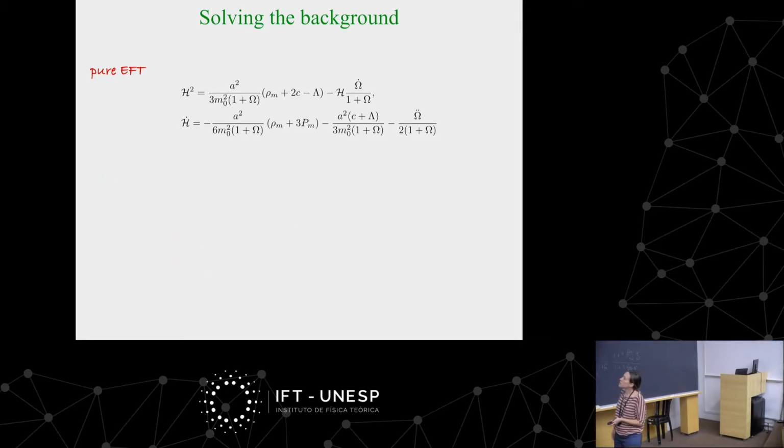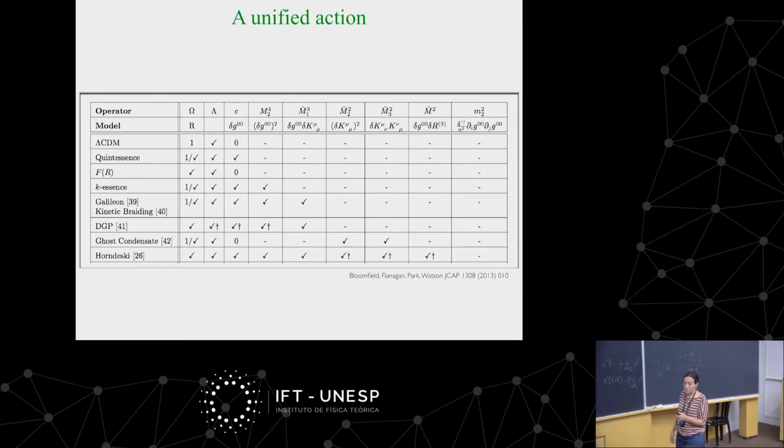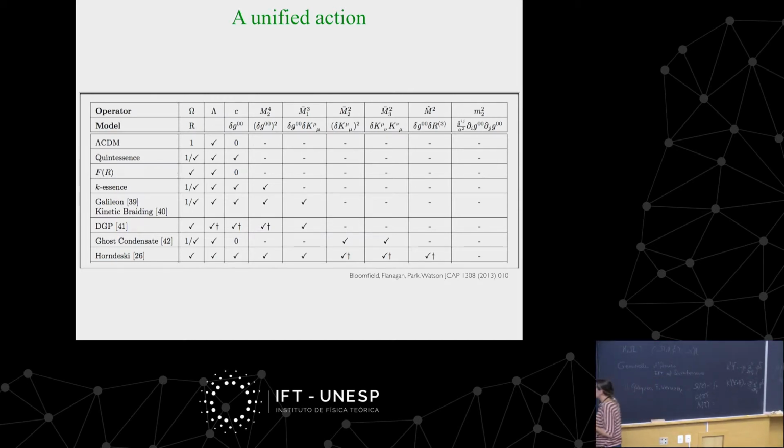And let me go back to the other slides and the point I made also yesterday. The nice aspect of this approach is that as you turn on the different functions, you're making it more and more complicated. So if they're all 0, you are in the Einstein-Hilbert action. If you turn on lambda and make it constant, you have lambda CDM.